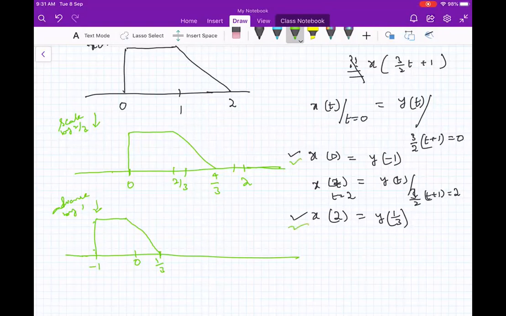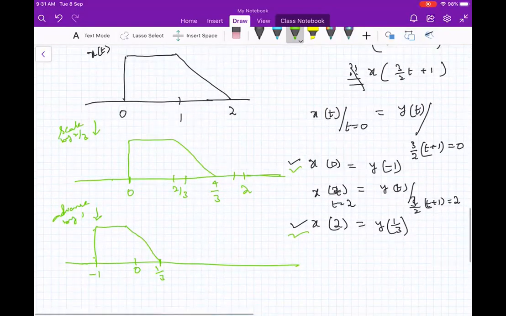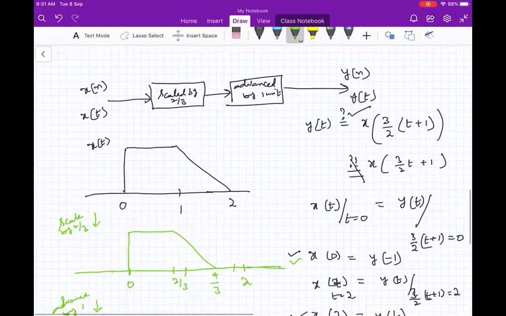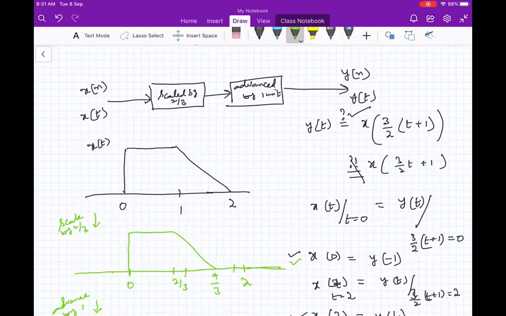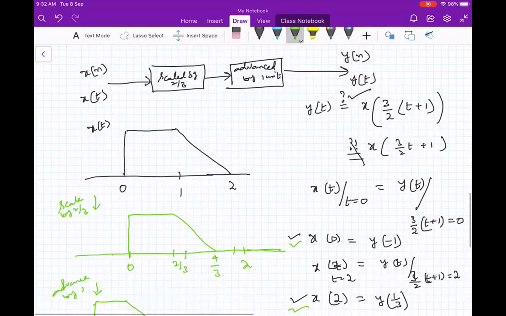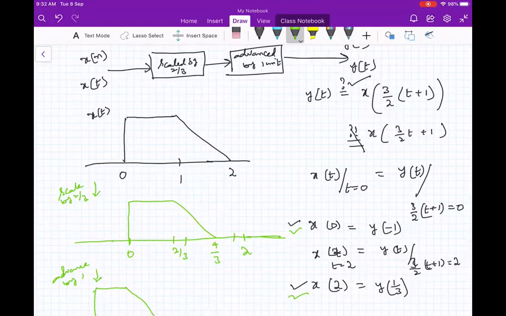I think we discussed one or two examples here. In many of the interviews or situations, when you are suddenly asked, there is a good confusion on whether you should advance first or whether you should scale first and so on.